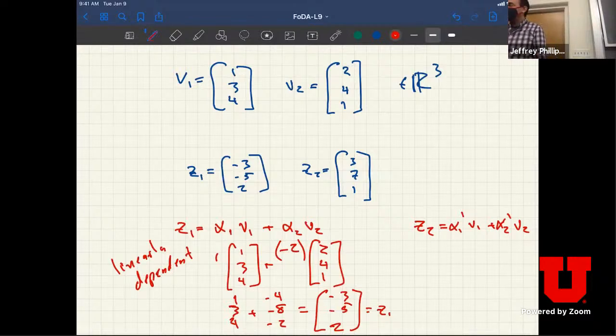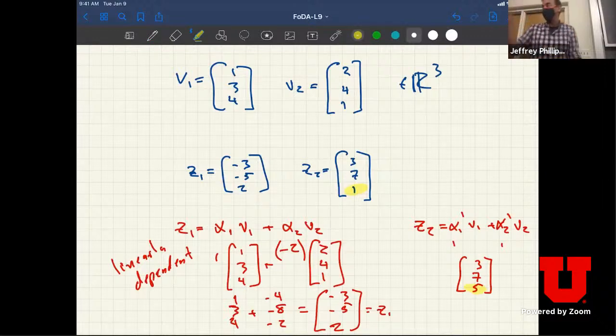Consider what happens if you just pick 1 for both. Let's try that. I'm going to get 1 plus 2, 3, then 7, that's looking pretty good so far. Oh, wait, 5. This 5 is not the right thing here.